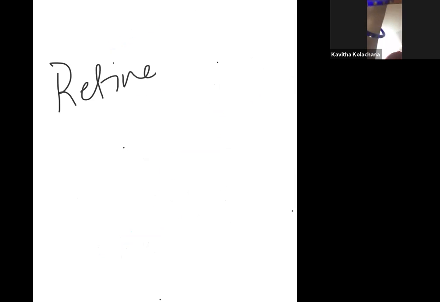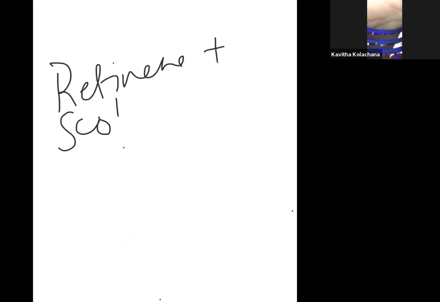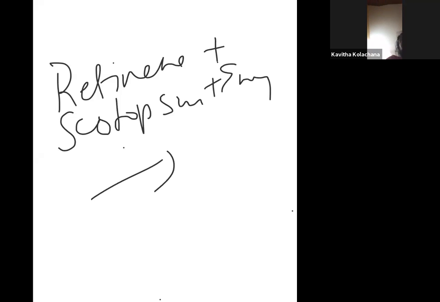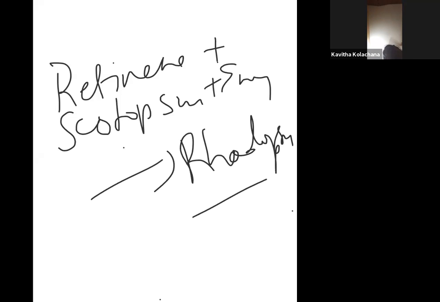The retinene we got just now, retinene plus scotopsin, with the energy, all get converted back into rhodopsin. This happens in the case of dark light or dim light. Reverse process will occur. Now, resynthesis of rhodopsin takes a little time.